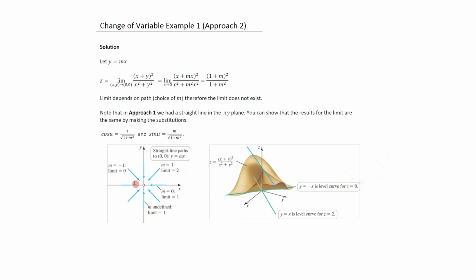And so these are just different paths, all finally ending up at the point (0, 0). If we were to graph this particular function, this is what we would see. You can see this is the level curve for z equals 2, and this is the level curve for z equals 0. So it's clear that the limits will differ depending on the path that was chosen.